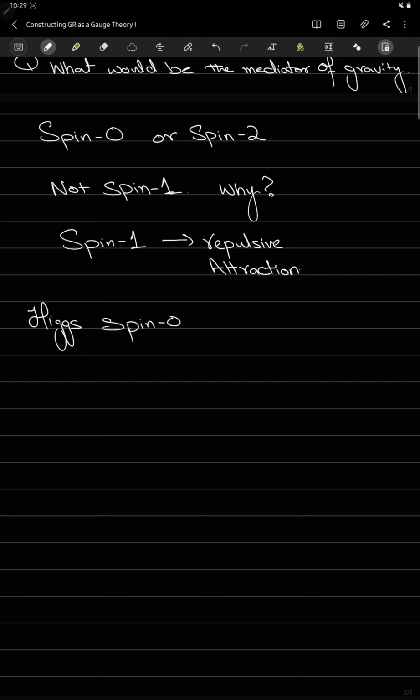So let's consider an interaction of this form: minus the sum over all i of m_i times (1 plus h over v) times ψ̄_i ψ_i.